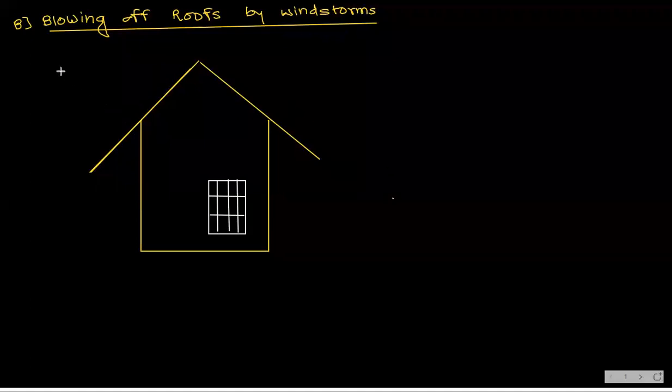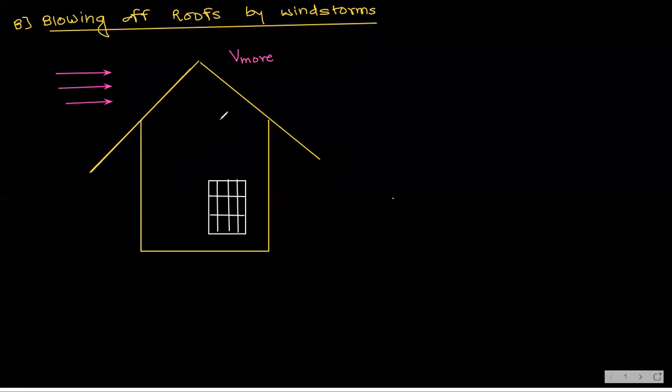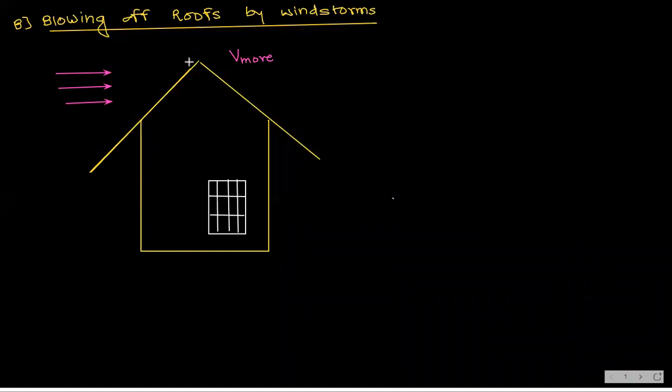Now, when this wind is blowing, this is the wind velocity, and due to this wind the velocity is more here. Whatever pressure is getting applied here, let us assume that pressure P, and whatever pressure you are getting inside the house, let us suppose P naught.